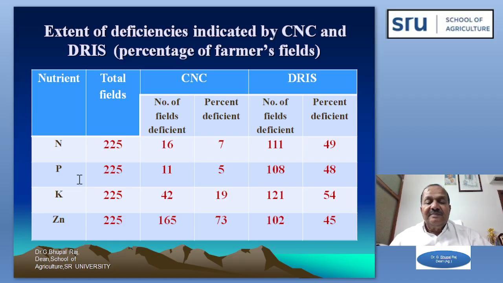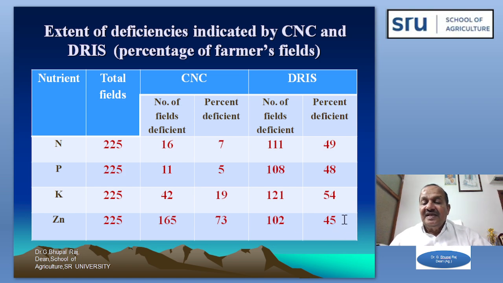Like that, for phosphorus among the 225 fields, through CNC only 11% of samples were deficient. When we go to DRIS, 108 samples were deficient. Then for potash, 42 samples were deficient through CNC, and 121 samples were deficient through DRIS. But for zinc, when we follow the CNC, 165 samples were deficient, whereas with DRIS, comparatively fewer samples, 102, were deficient.